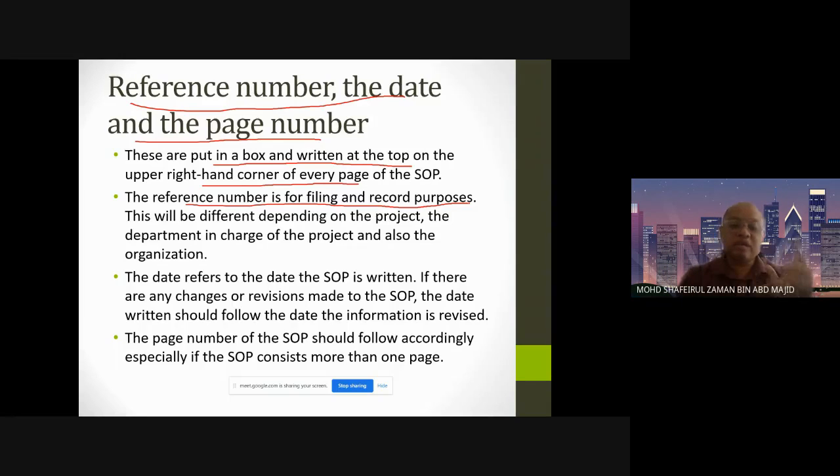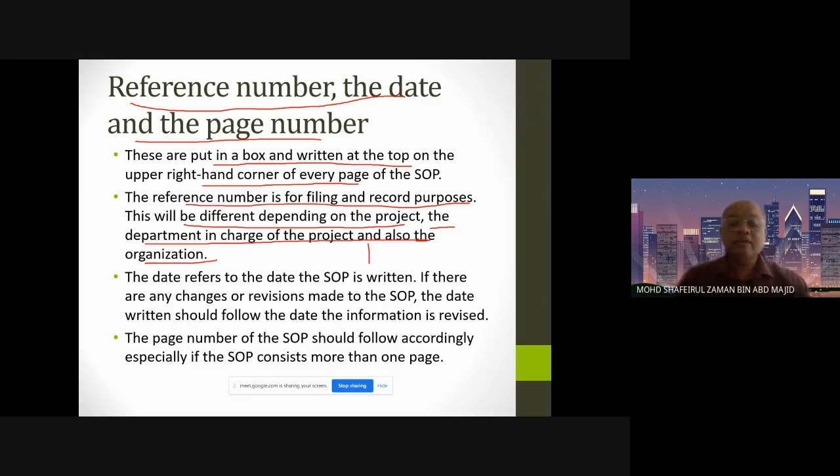Let's say the reference number begins with M, you know that M represents mechanical. If it is E, then it is electrical. So it will differ depending on the project, or the department in charge of the project, and also the organization.